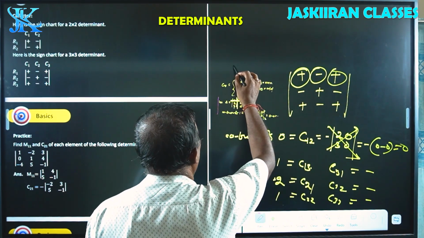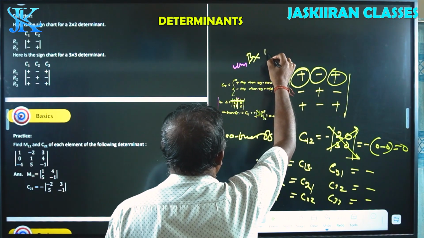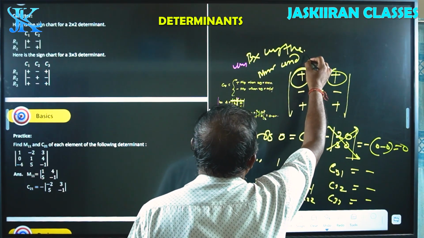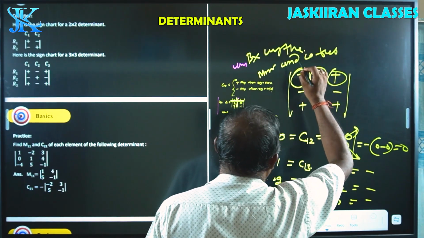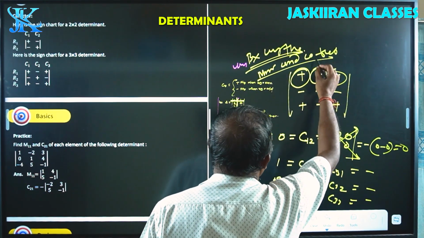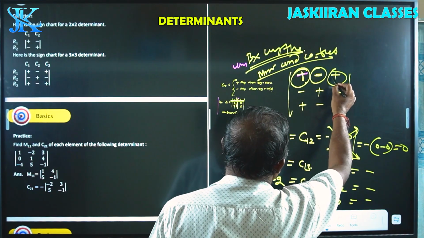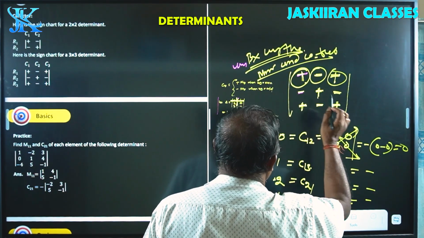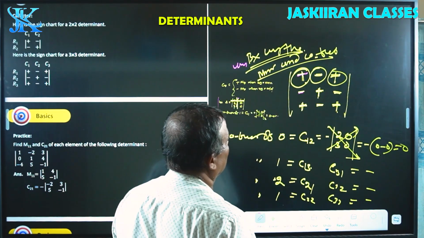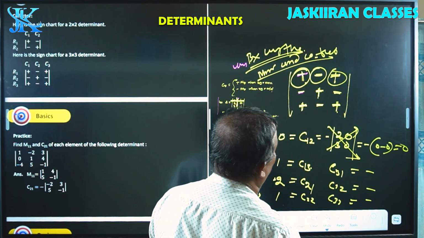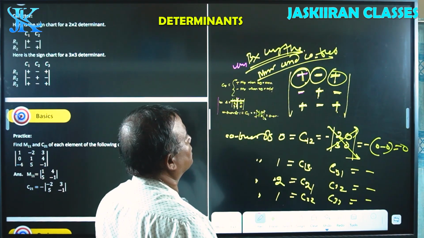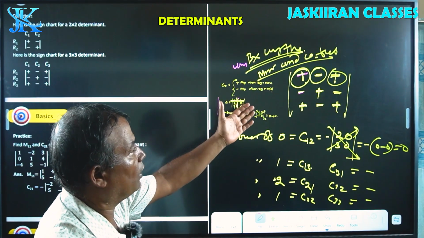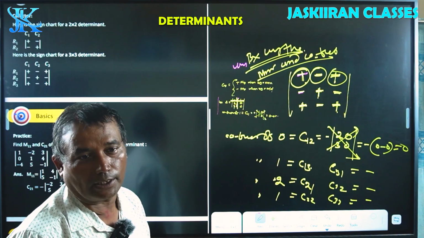By using the minors and cofactors, we get plus and also minus, also plus, minus, plus, minus, also plus, minus, and plus. So in the next class, we will discuss how to get the sign of each and every element, and why it is plus and why it is minus. Okay. Thank you all of you.